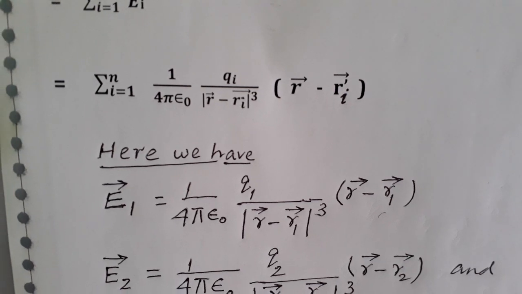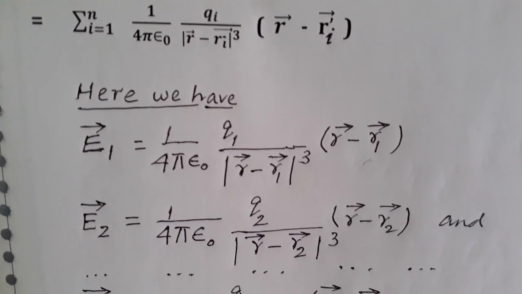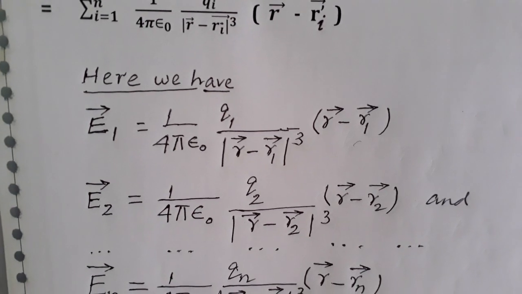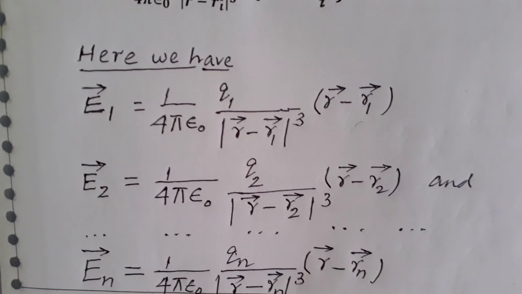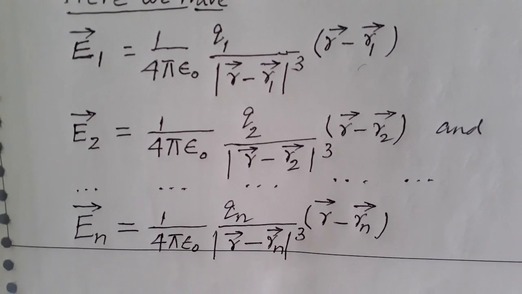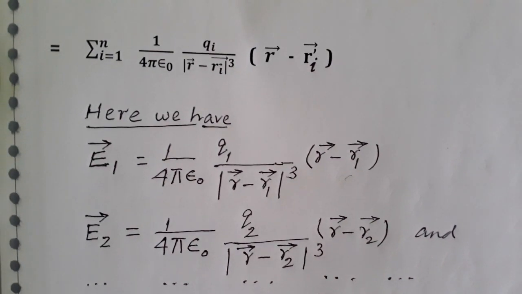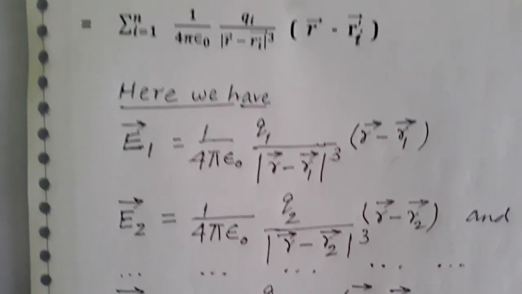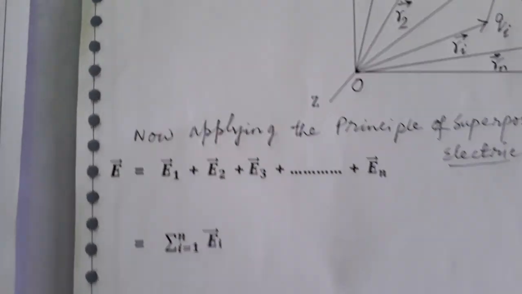In terms of position vectors we know how to write, and look at the value of electric fields E1, E2, E3 in terms of position vectors. So this was all about the electric field and the different topics discussed.